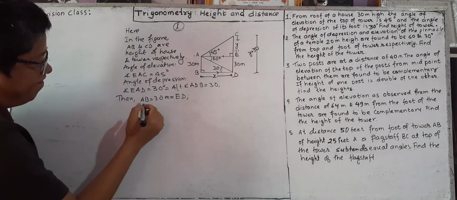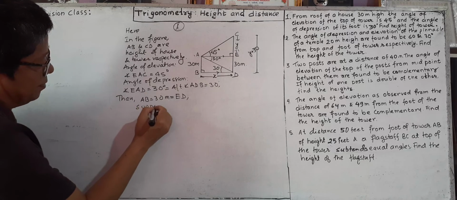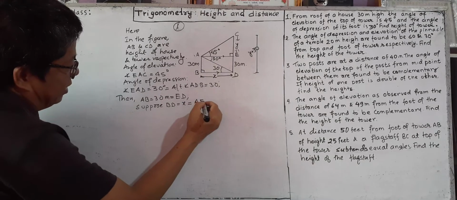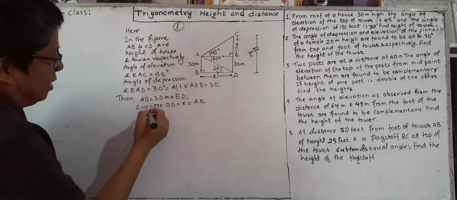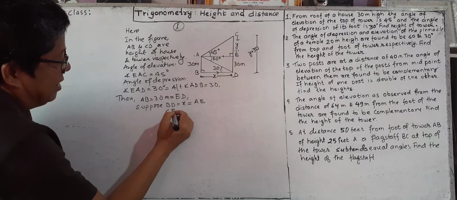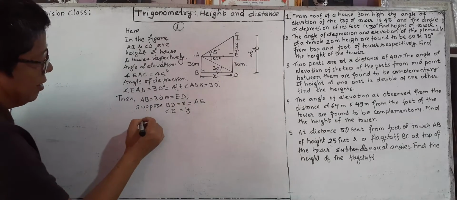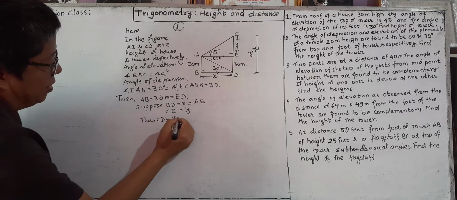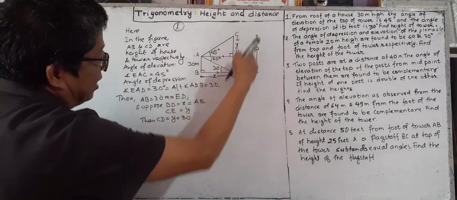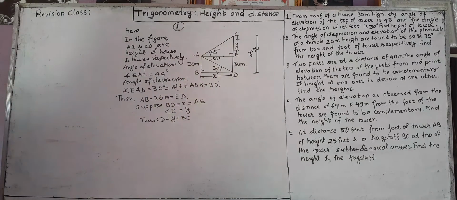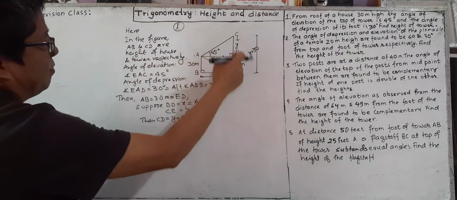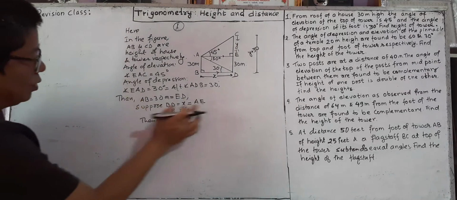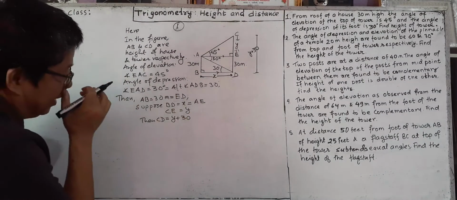And suppose BD equal to X, and this is equal to the opposite side AE, and suppose CE equal to Y. Then we have the height of the tower, that is CD equal to Y plus 30. You can look at the diagram, Y plus 30, because CD is equal to CE plus ED. This is the information that we have been given in the question, and we have assumed some lengths.